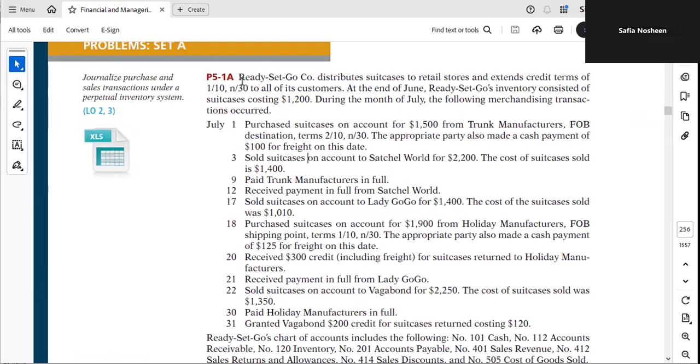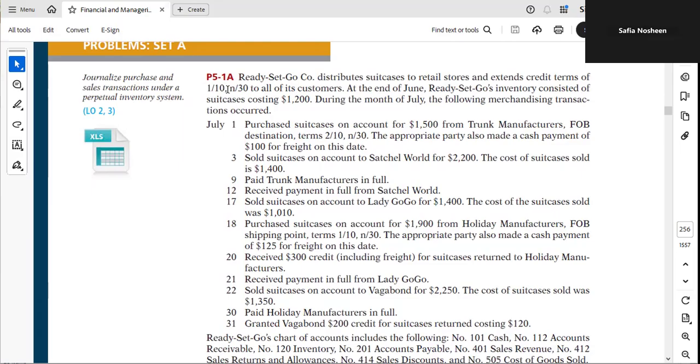We are given information relating to the company Ready Set Go, which distributes suitcases to retailer stores and extends credit terms of 1/10, n/30. Credit terms mean that, in order to encourage our customers to pay their accounts receivable as early as possible, merchandisers sometimes give such credit terms. 1/10, net 30 means that a 1% discount will be given if they pay within 10 days, and otherwise they will have to make full payment within 30 days.